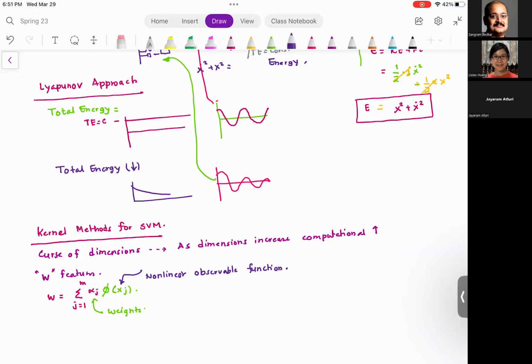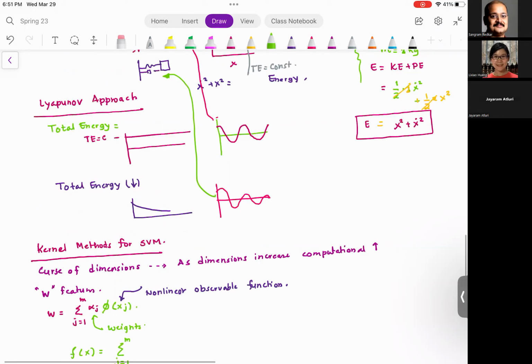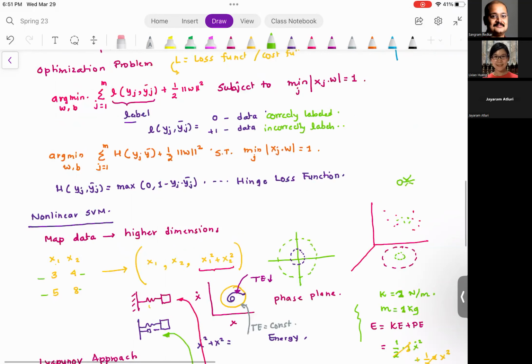Now if I want to represent the previous formulation f of x, I can rewrite this as the sum from j equals 1 to M. This is the exact same equation that we looked at in the earlier SVM.